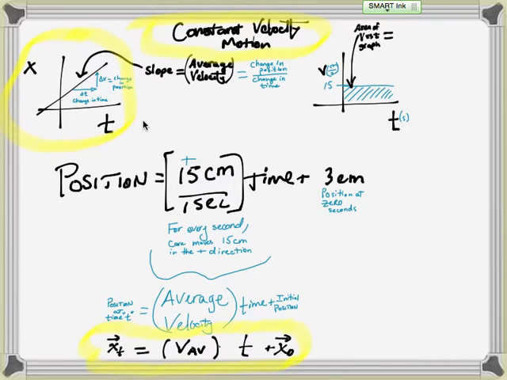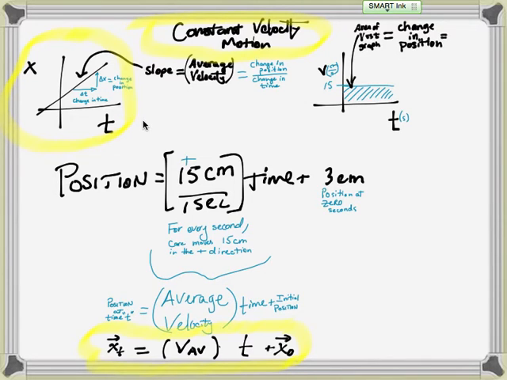It's got to be a change in position, right? And recall also that a velocity graph can't tell you where you're at, but it can tell you how where you're at is changing. That's what this area is doing. In other words, this area is giving you a change in position.